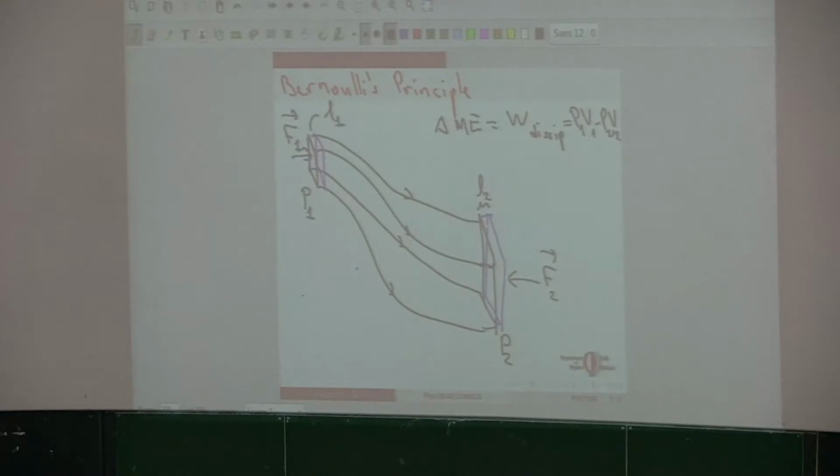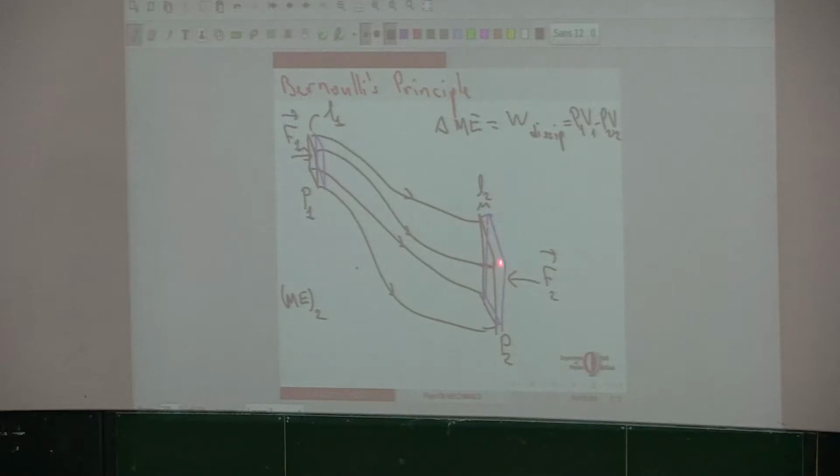The change in the mechanical energy. Well, you see, the mechanical energy in this region doesn't really change. Here I always have some mass, which has some potential energy. It always has the same kinetic energy. So the mechanical energy in this region doesn't change. Well, why does the mechanical energy change?